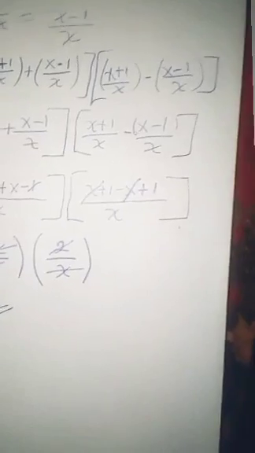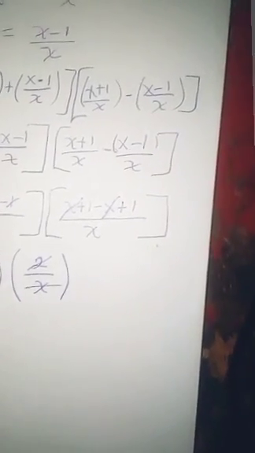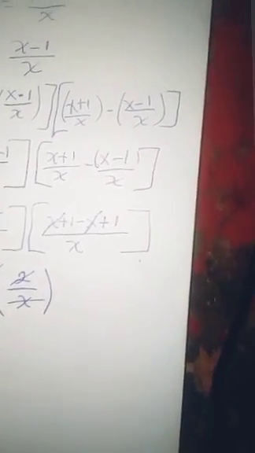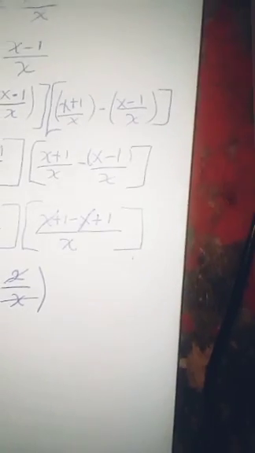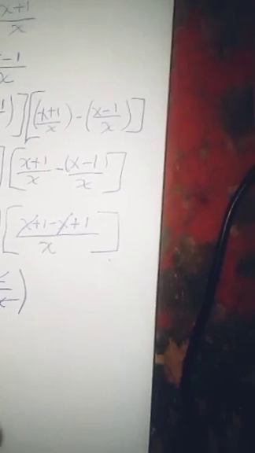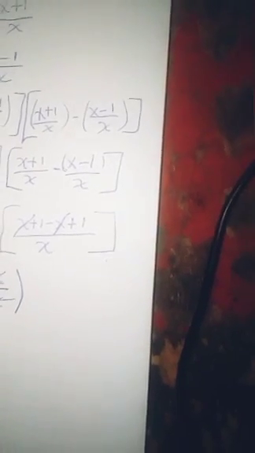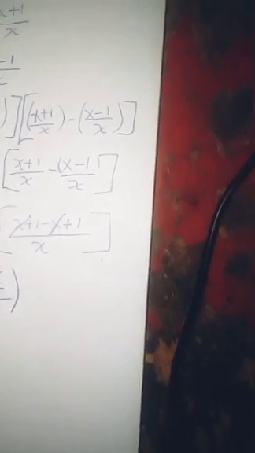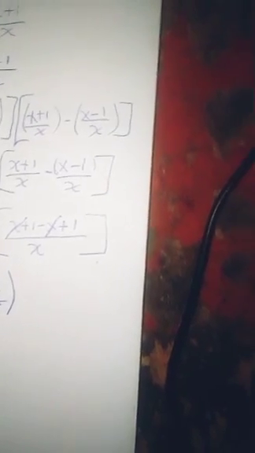Oh, wait a minute. We have a little mistake. I'm sorry, here should have been x, because the denominator is x, not 2. So here should be x. That means here is already 2, and here is x, so this x and this x cancel out.